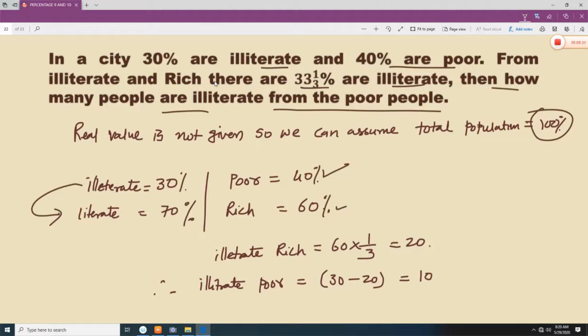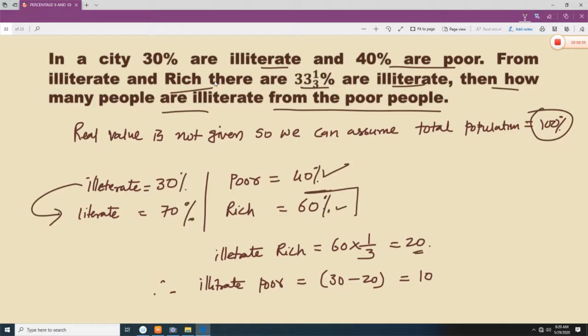Now, illiterate and rich. We know illiterate among the rich is 33 and 1/3%, or 1 into 3, so it is 20.